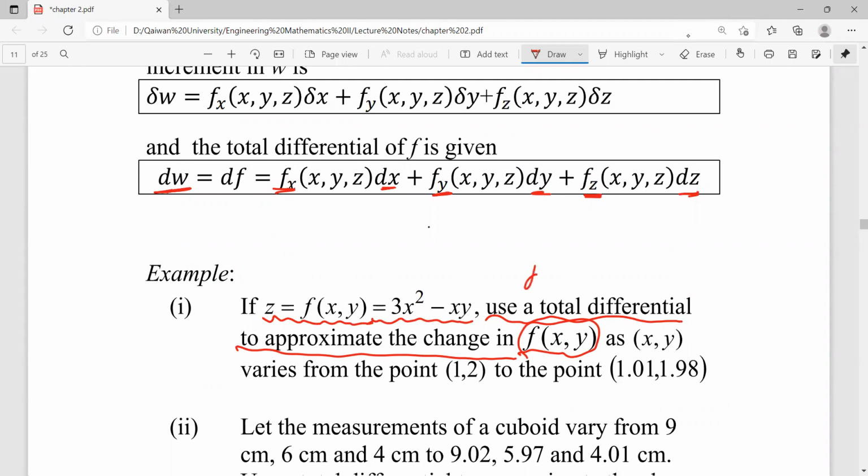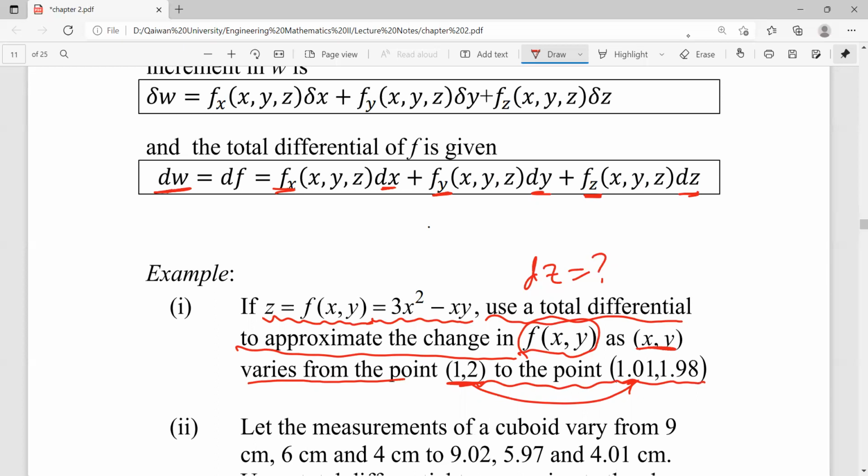That means we should find dz, as xy varies from the point (1, 2) to the point (1.01, 1.98). Here, from these two points, we can find dx and dy, the changes in x and y. Dx and dy mean the increments of x and y.